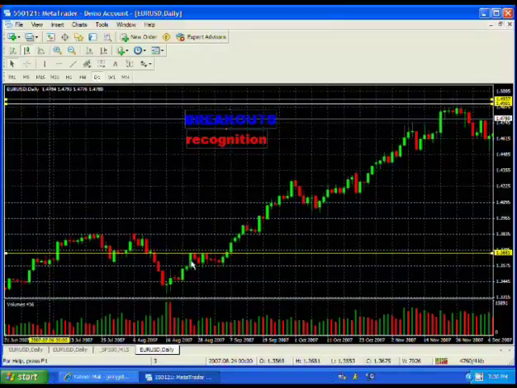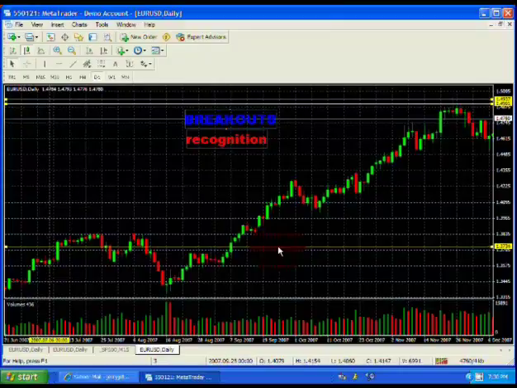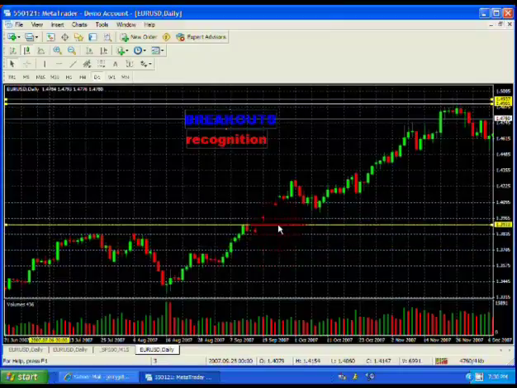If we go to this breakout point, we know that the closing high of this candle is the breakout point. So all the way up, the closing high is the breakout point, and that should be pretty simple enough.